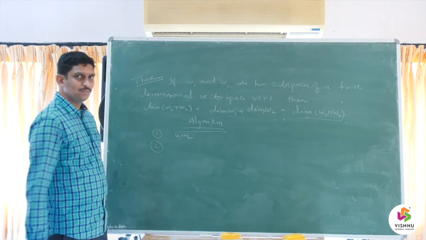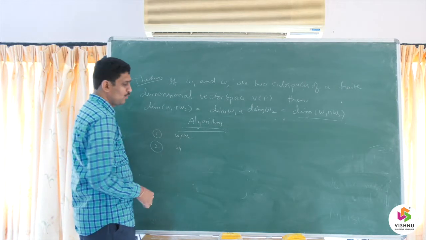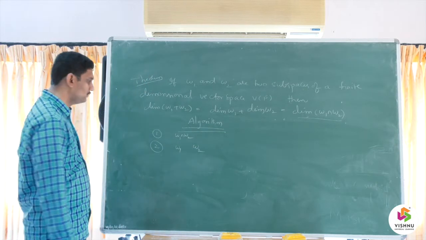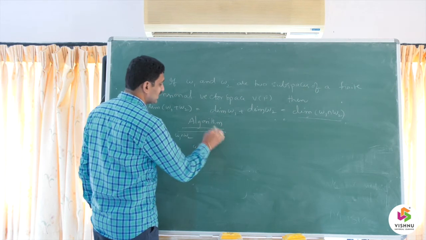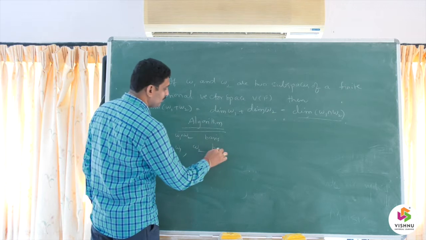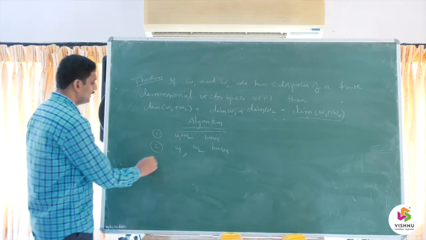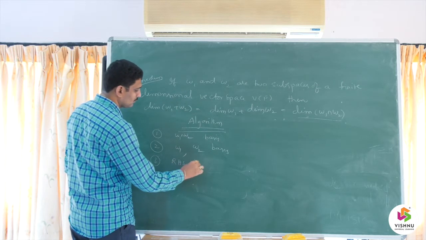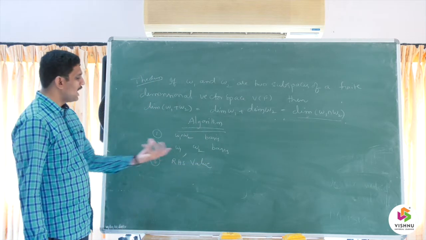In step 2, I will find a basis for W1 and a basis for W2. So in the first step I am taking a basis for the intersection. In step 2, I will take the basis for W1 and W2. Then I calculate the RHS value. So I will get some number.